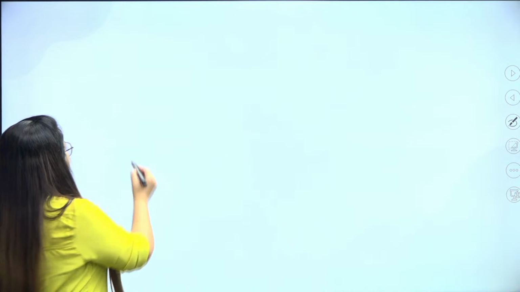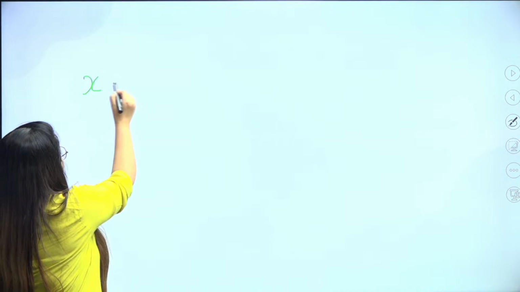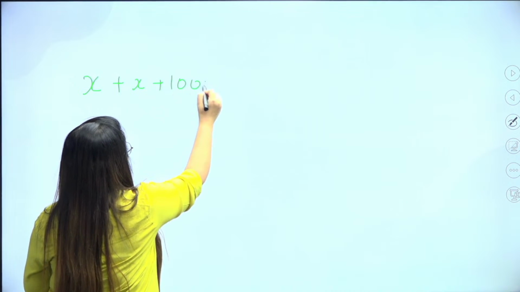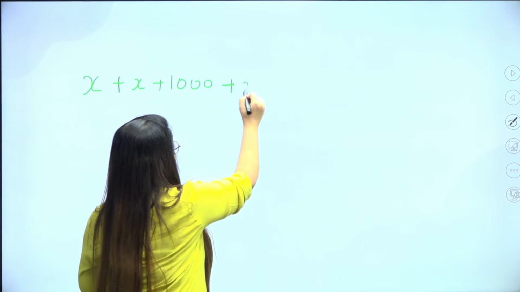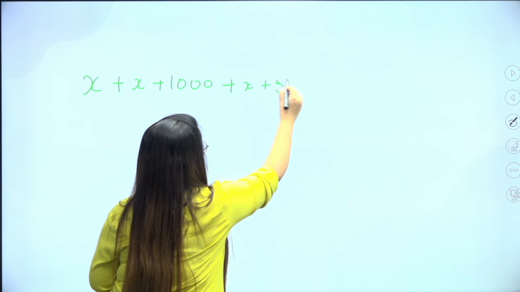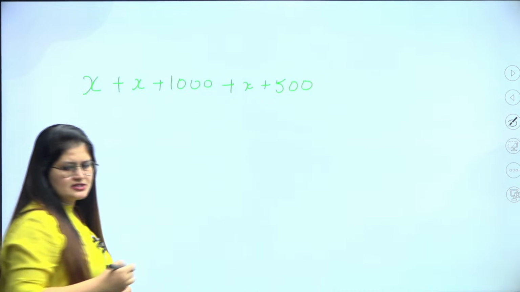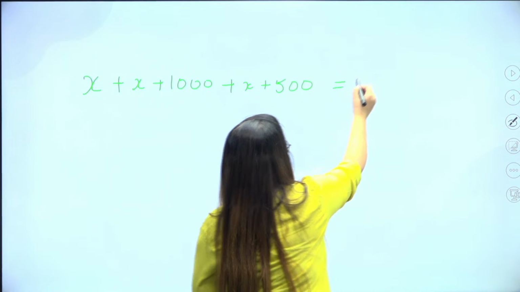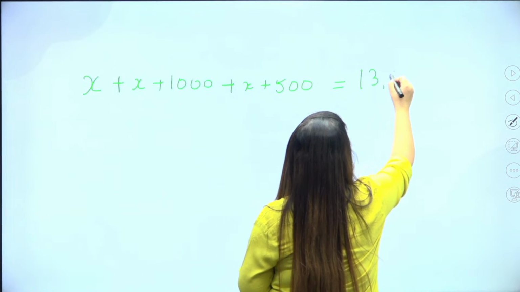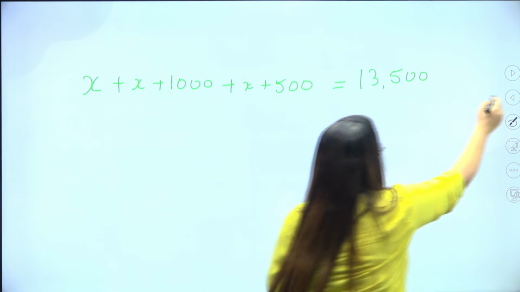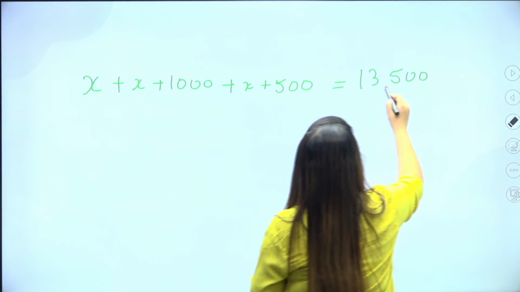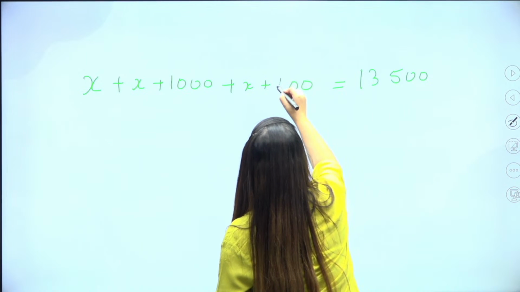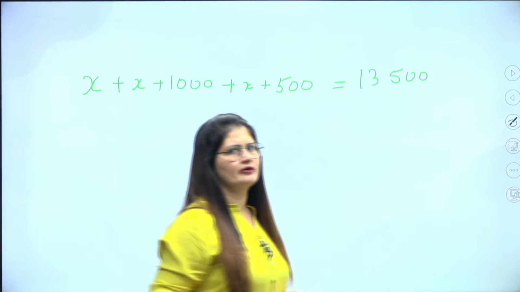We will say that the amount received by Karan plus the amount received by Sadia plus the amount received by Lucy, this is what the question is. And the sum of their amounts is 13,500. I hope you all are clear with this. Correct?